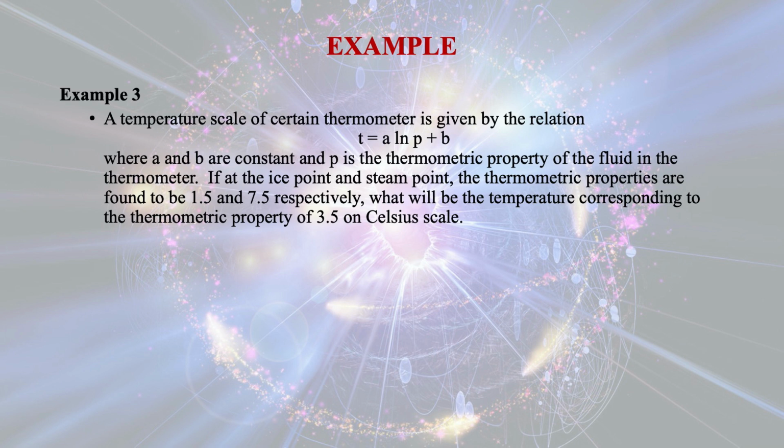If at the ice point and steam point the thermometric properties are found to be 1.5 and 7.5 respectively, what will be the temperature corresponding to the thermometric property of 3.5 on Celsius scale. Now in these equations, T is given as A ln P plus B. A and B are constants, but P is the thermometric property.